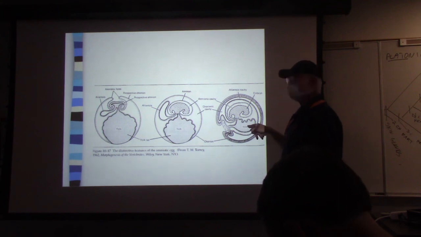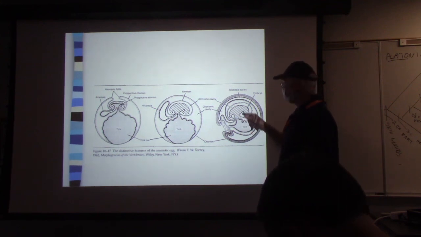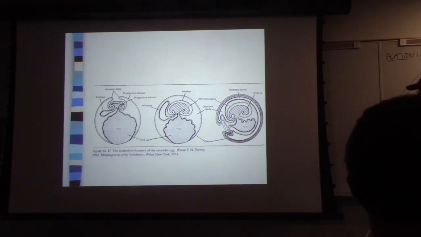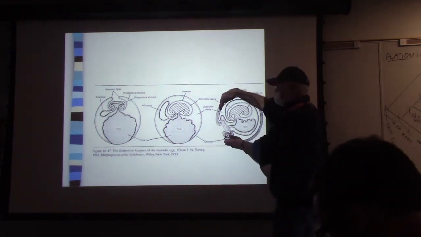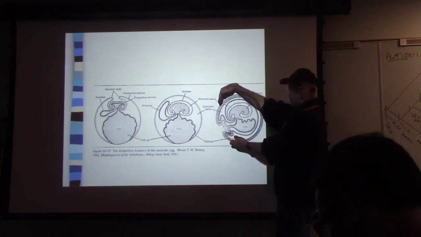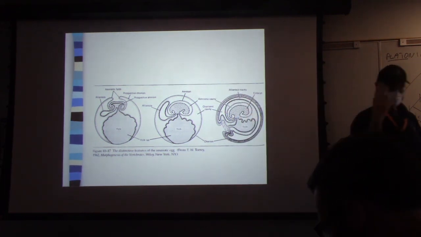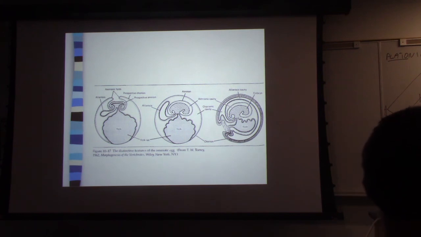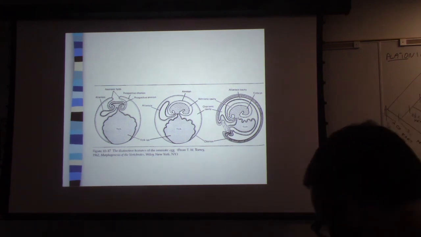The yolk sac contains the food, that's where the nutrition is coming into the animal. The key is that this whole embryo is totally encased by this chorionic layer on the outside. It's this egg which is totally protected, so the little embryo is developing in this very protected kind of environment.